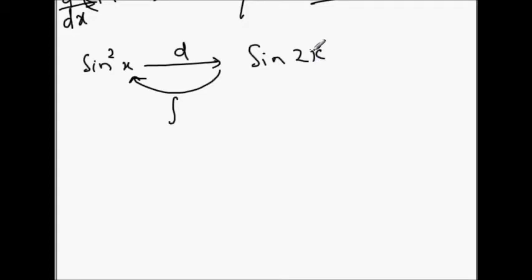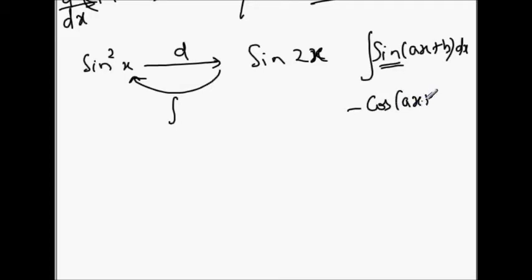Sin 2x, if you have learned how to integrate sin of ax plus b, the integral of this would be similar to the chain rule but not exactly. So you have to integrate the sine, which is minus cos, and then you have to divide by the derivative of the linear expression inside, which is the coefficient of x.